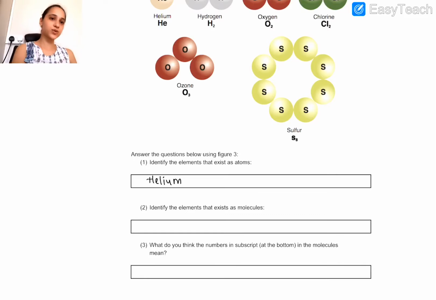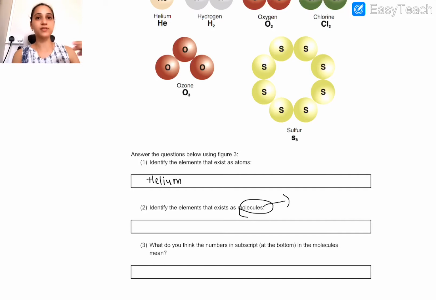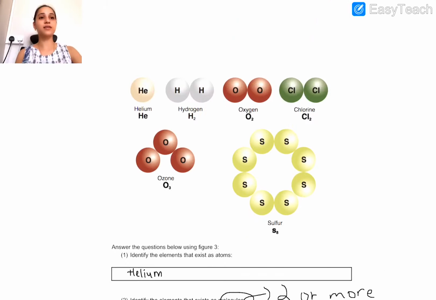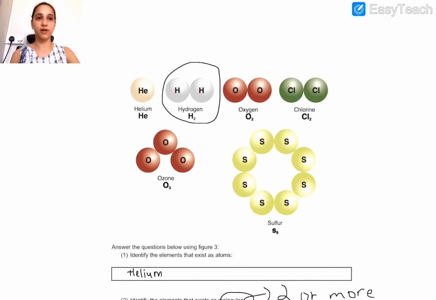Right, so the next question is: identify the elements that exist as molecules. What are molecules? Molecules are particles that are formed when there are two or more atoms combined together. So in the diagram, where can you see elements where atoms are combined together? Hydrogen, the atoms are combined.